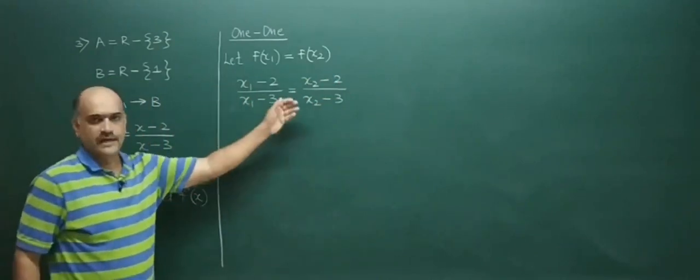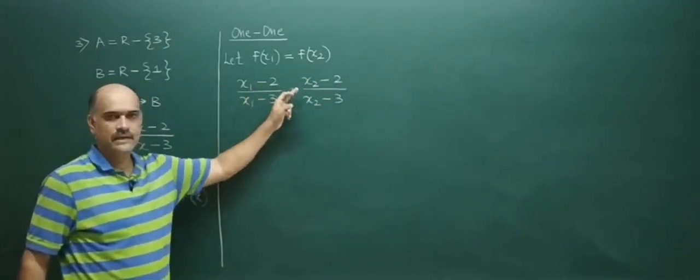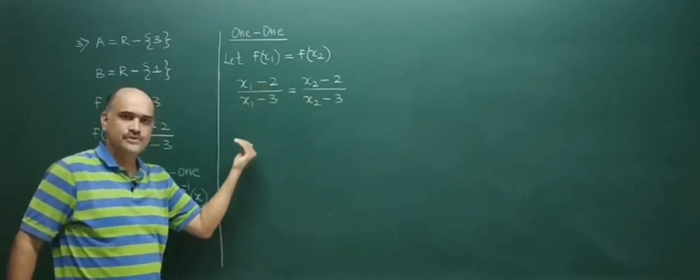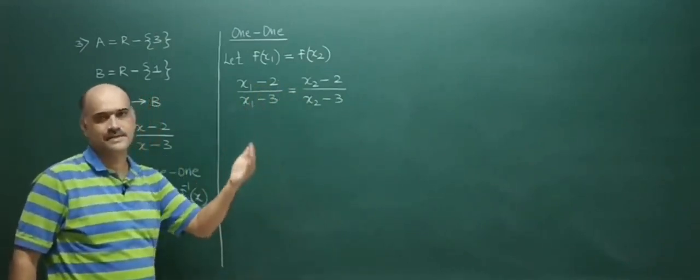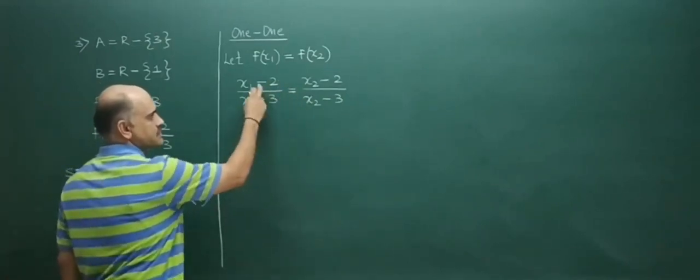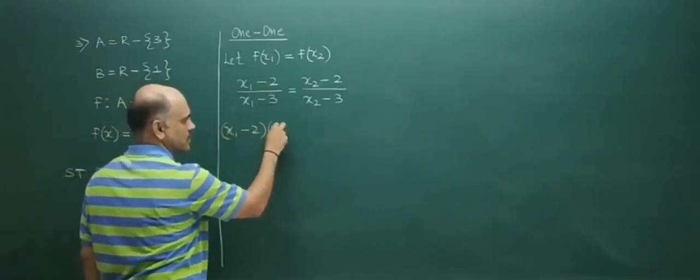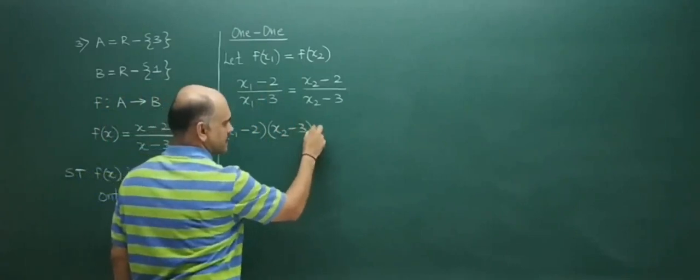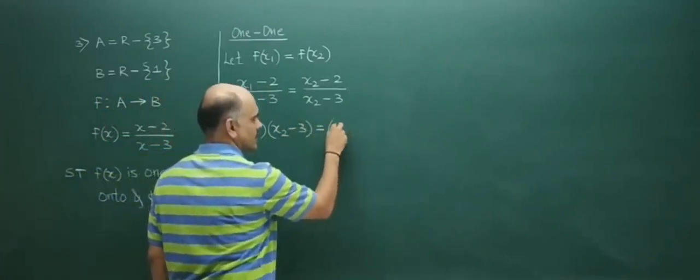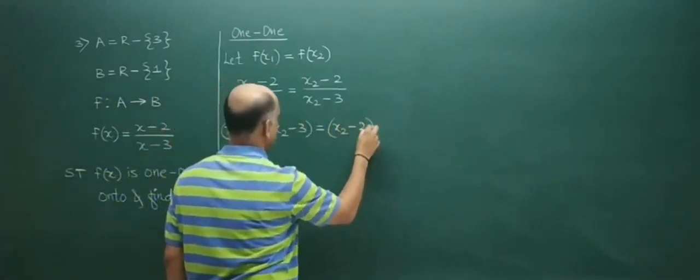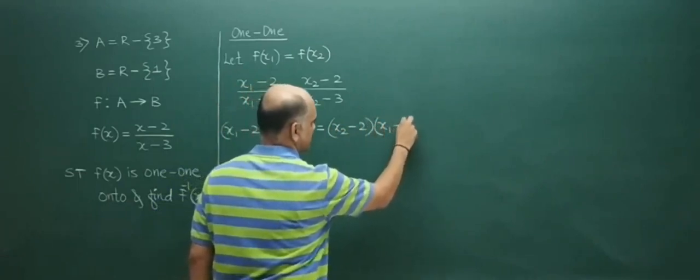Now simplify: cross multiply, then take all the terms to the LHS and again simplify. If I cross multiply, I will have x1 minus 2 into x2 minus 3 is equal to x2 minus 2 into x1 minus 3.